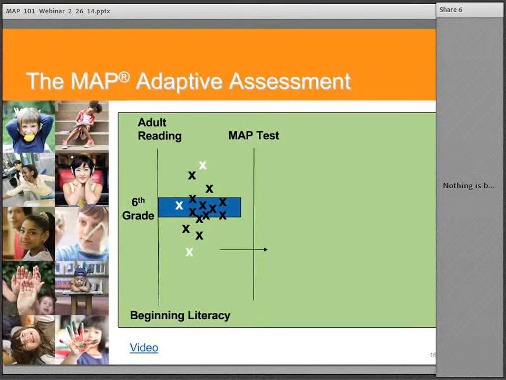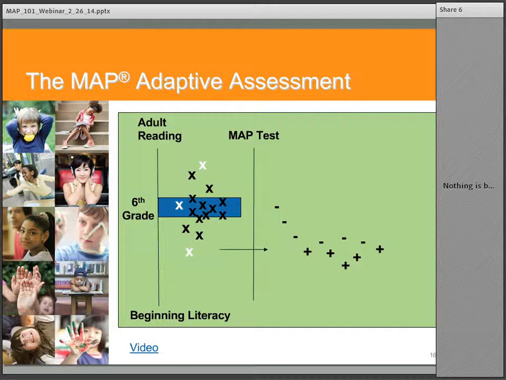As from Dr. Taylor's example, as a student takes an assessment, we can see, watch the marks as they come over here into where the MAP test is being taken. You see the minus signs; those indicate items that the student has missed.